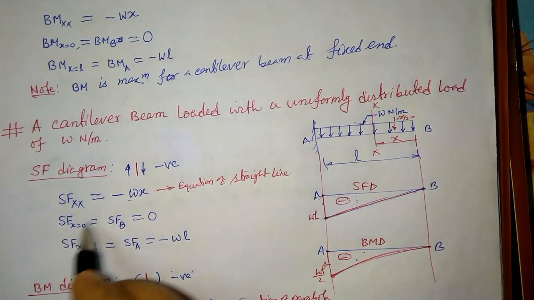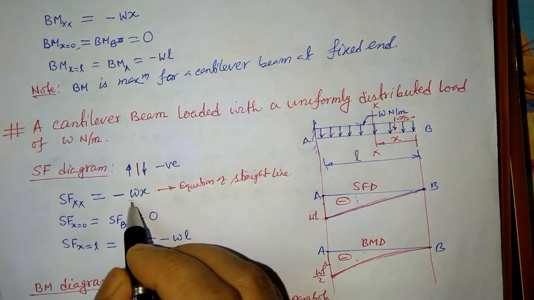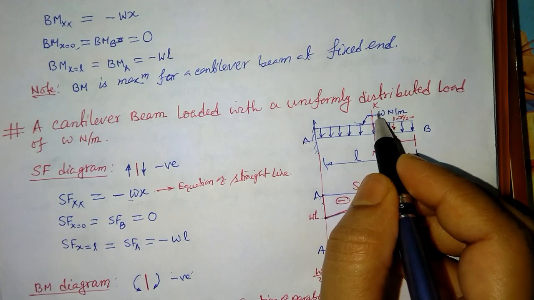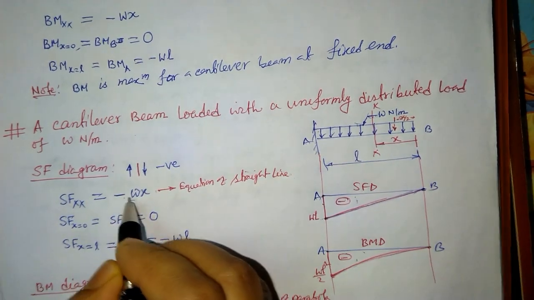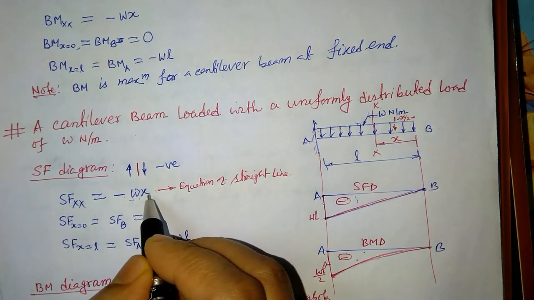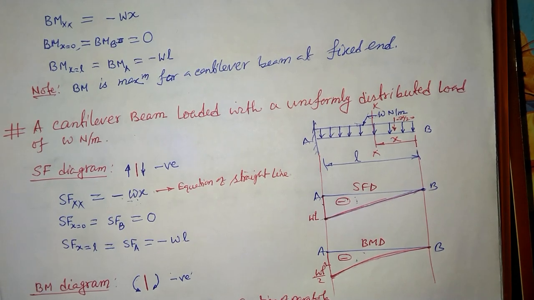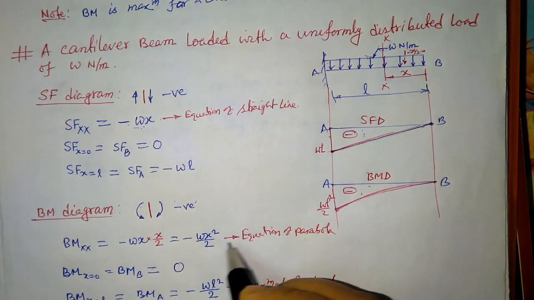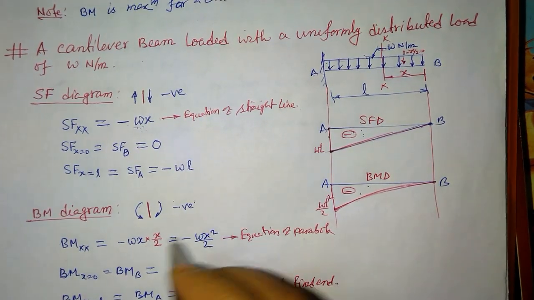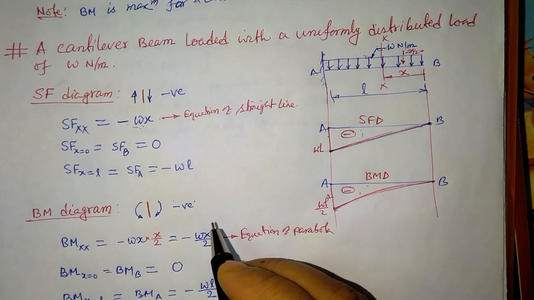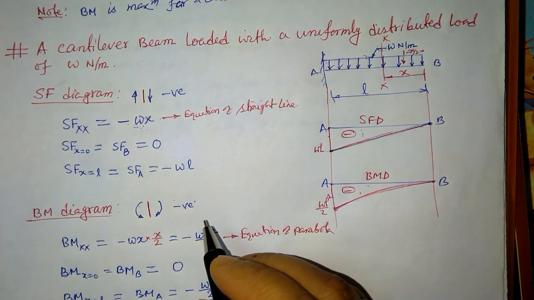Here our load is only W. Shear force we got is W into X, meaning we multiplied by X, one order higher. Similarly our bending moment BMX is equal to WX square by 2. Shear force is WX, and here it is X square. That's why bending moment is always one order higher than the shear force.